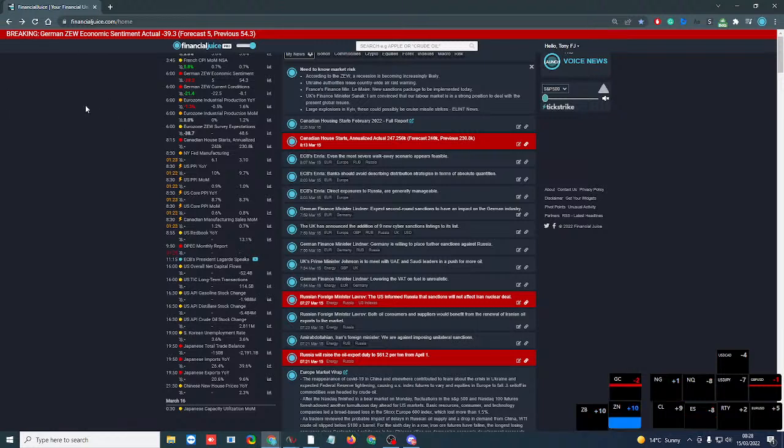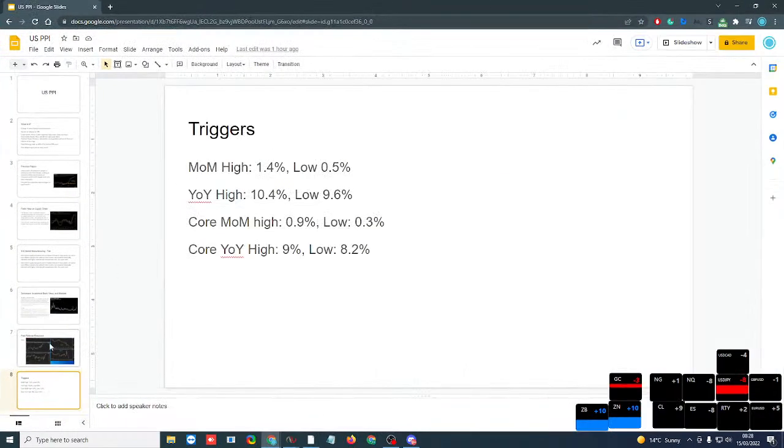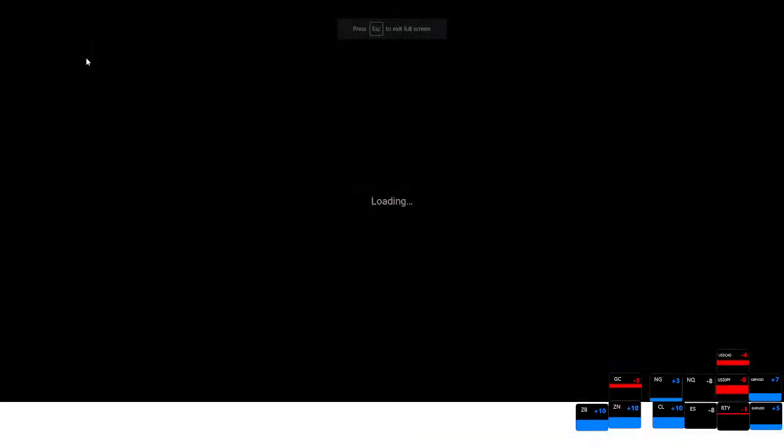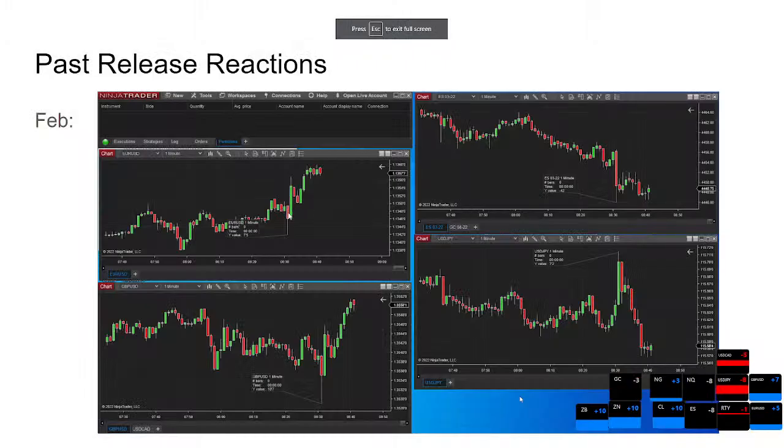But as said previously, we had seen that reaction for the PPI: an initial move towards the downside on other currencies against the dollar, and then a reversal of that data. So again, we'll wait to see what sort of reaction we get today as well.